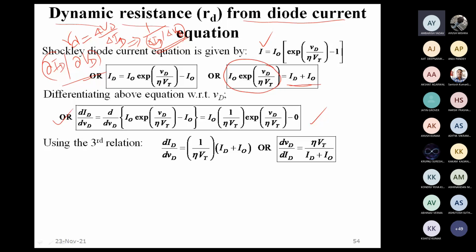Here in this equation we have I naught and the exponential. In place of these, if we replace this with ID plus I naught, then this equation can be written like this here. So now we can take the inverse of this. Is there any question?